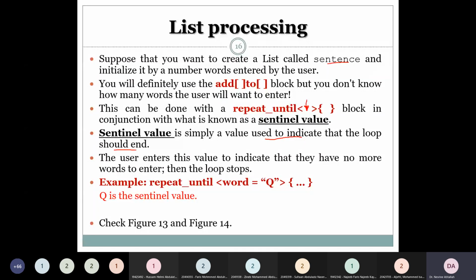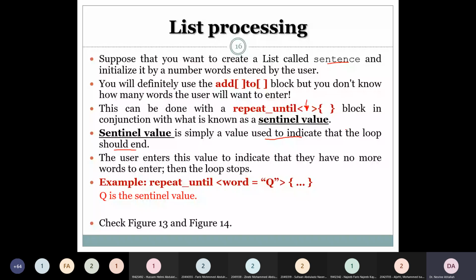For example, the full stop. You will ask the user to enter some words, and if he wishes to stop, he will enter the full stop. Once you see the full stop, you will finish the loop. So this is a sentinel value.